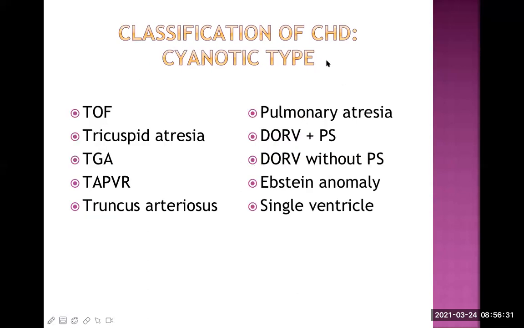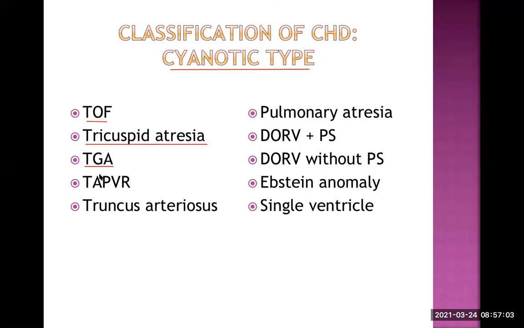Now, what about the cyanotic type? See here, the cyanotic congenital heart disease. Very important question in the viva exam for the students. Tetralogy of Fallot, TOF, is the most common cyanotic congenital heart disease. Then tricuspid atresia, TGA, transposition of great arteries.